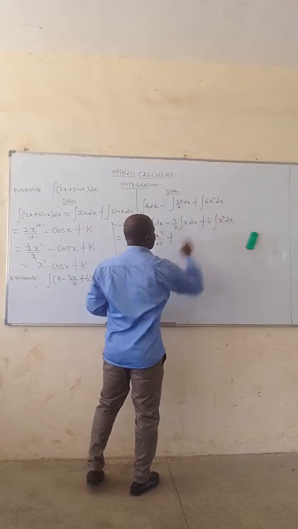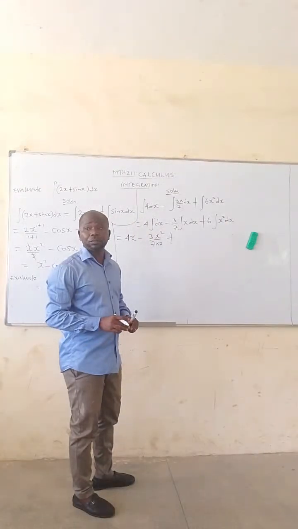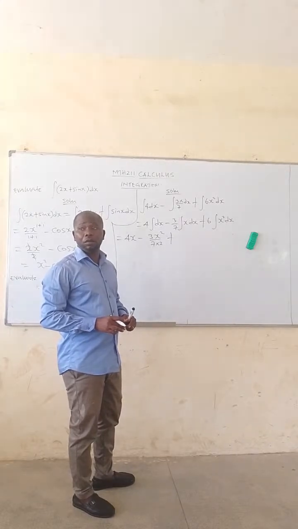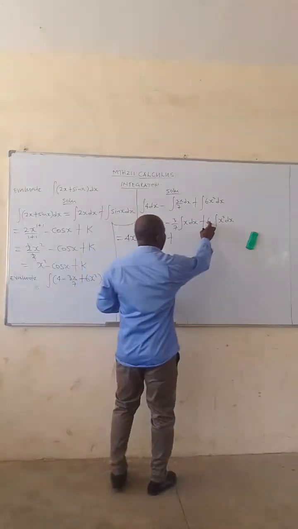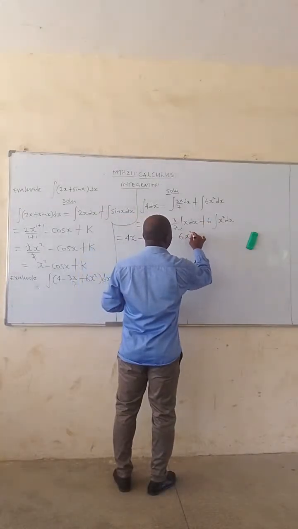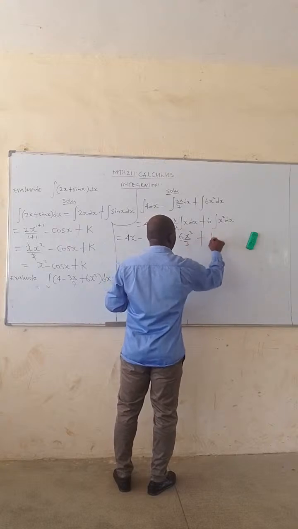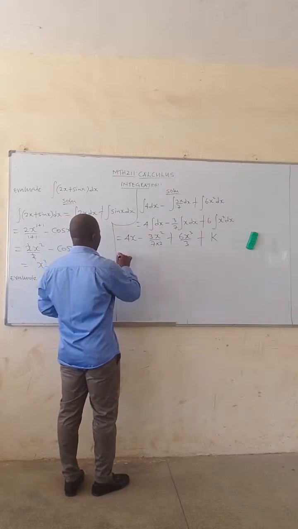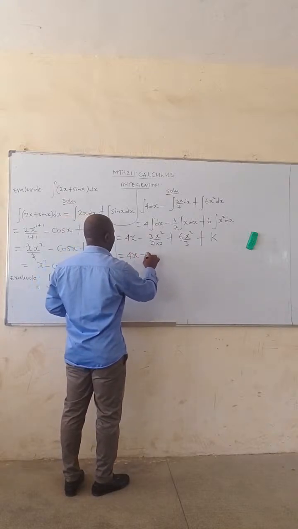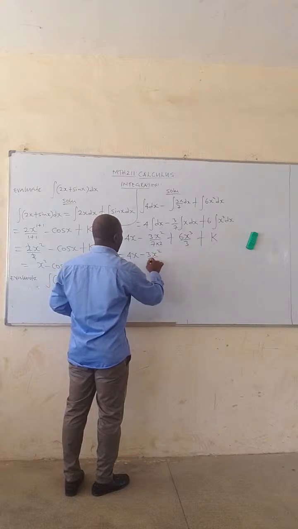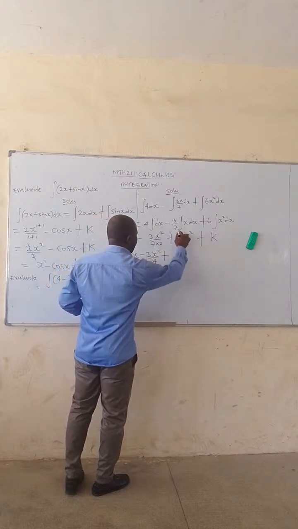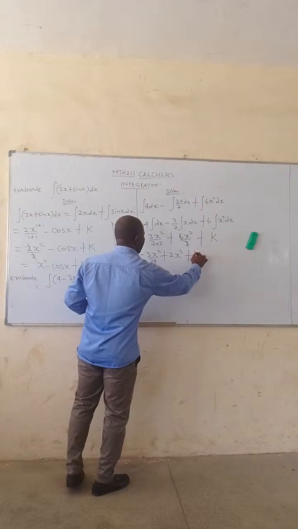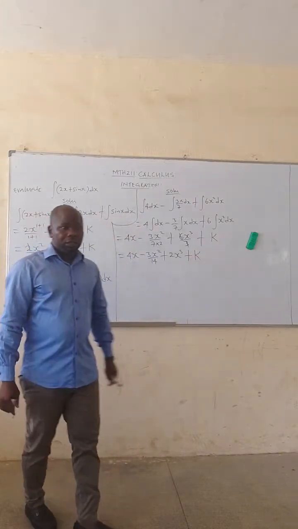Then plus, if you integrate x squared, it is x cubed all over 3, times 6: 6x to the power 3 all over 3, plus a constant. So this is the same thing as 4x minus 3x squared all over 14 plus 2x cubed. This is the final answer.